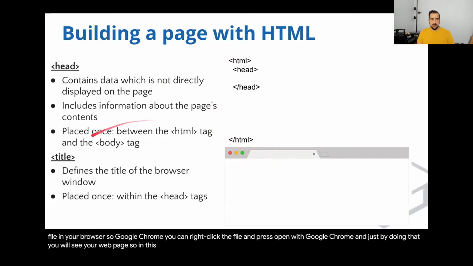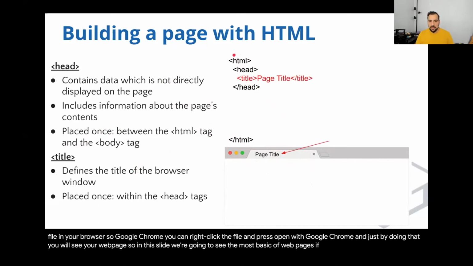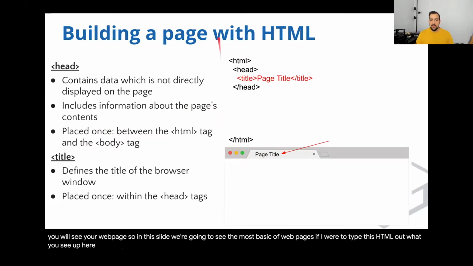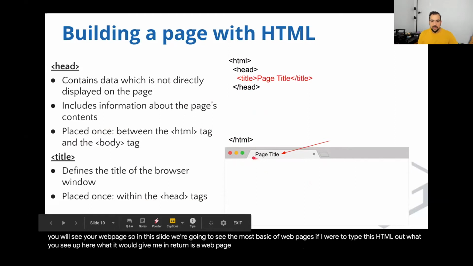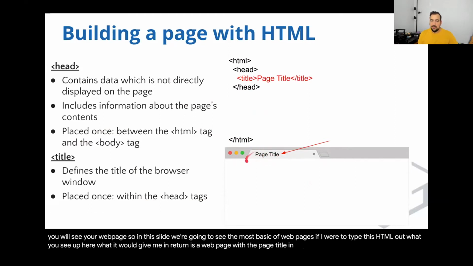So in this slide, we're going to see the most basic of web pages. If I were to type this HTML out, what you see up here, what it would give me in return is a web page with the page title in that little tab for the browser.